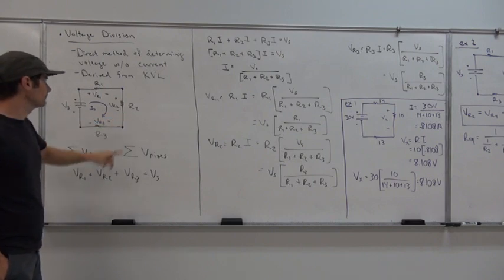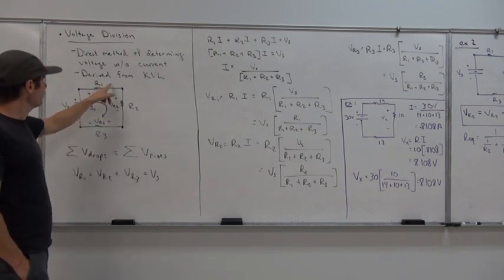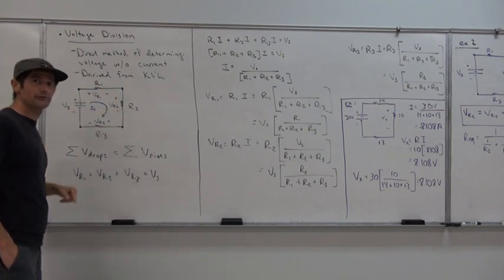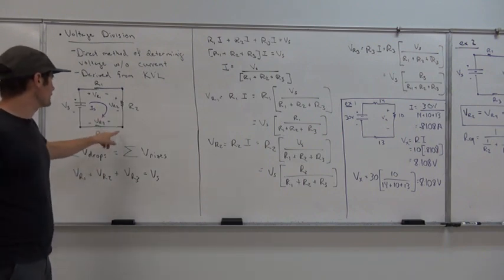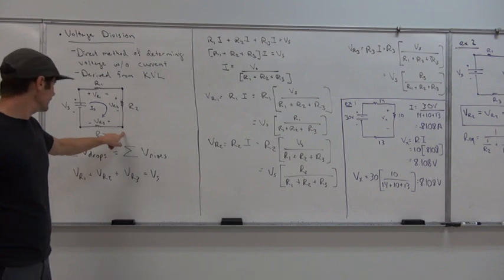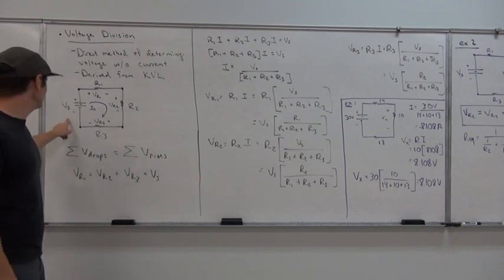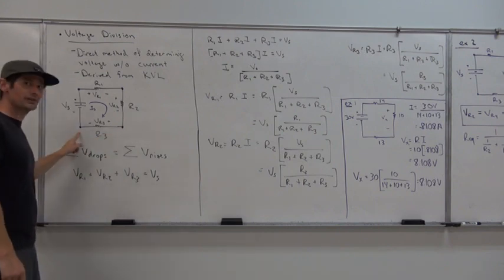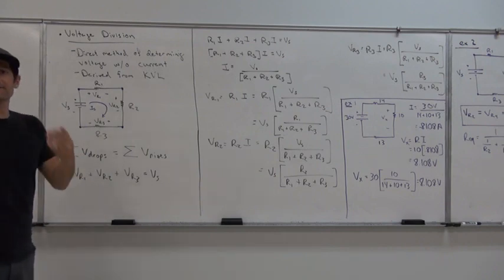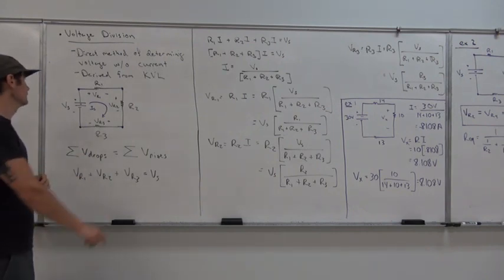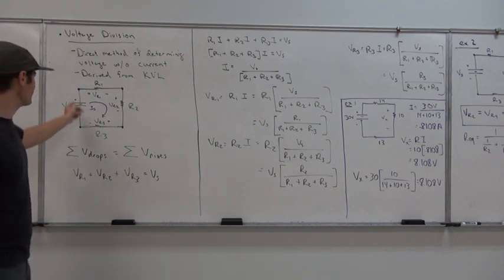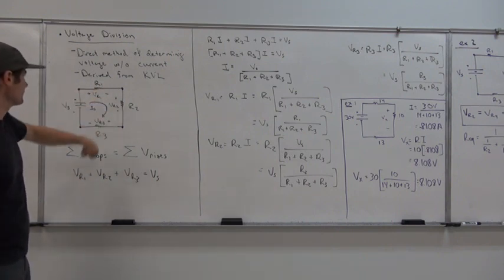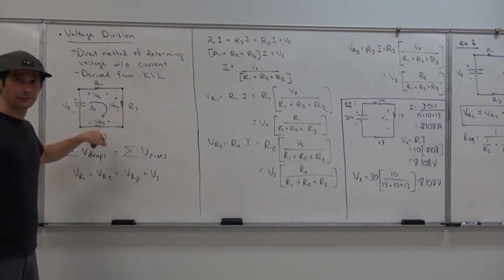R2 and R1 are in series because they share one single point of contact. R2 and R3 are also in series because they share one single point of contact. And finally, R3 and Vs are in series because they share one single point of contact. And as I've said before in a prior lecture, all of these are effectively in series with each other because these series elements all have a series relationship with their adjacent element.